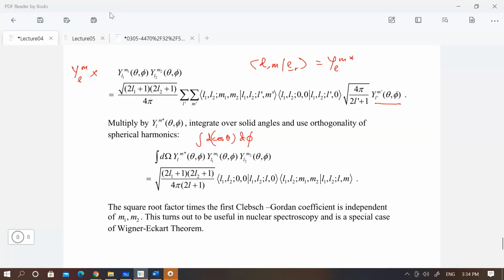Essentially you'll get a quantity which is independent of theta and phi.